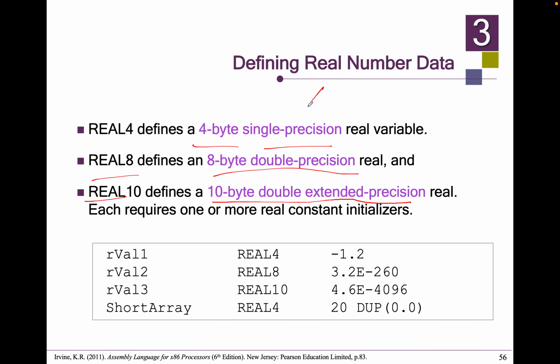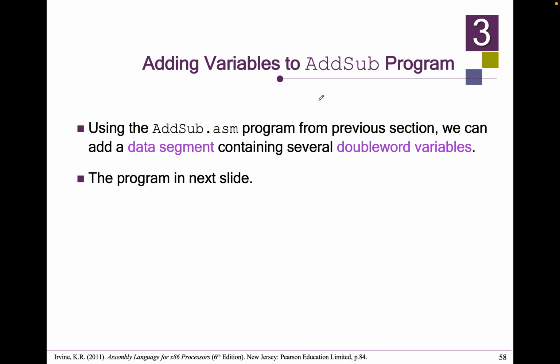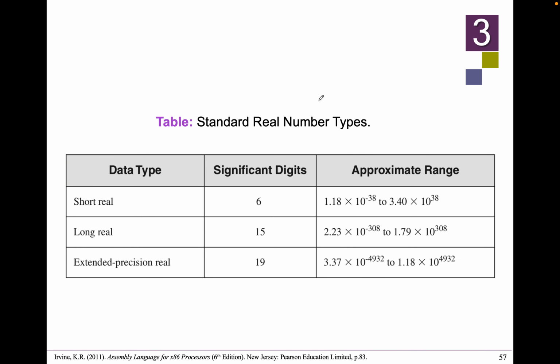If you still remember, last time we played around with single precision and double precision. And there is a standard table you can refer to. If it is short real, how many digits, long real, how many digits, and extended precision real, how many digits, and the value is also included.